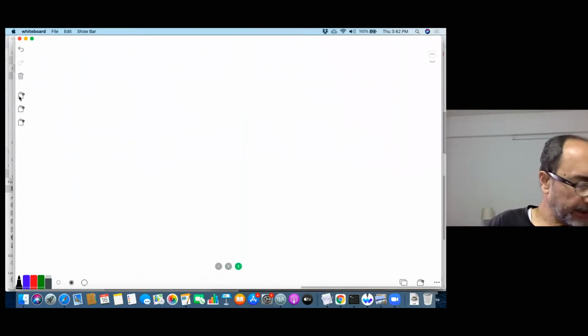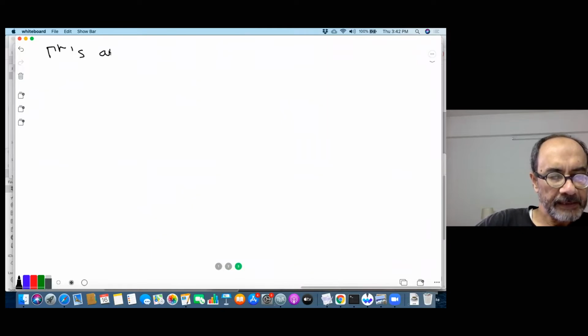Let me just say what the gamma mu's are. These gamma mu's are 16 by 16 gamma matrices, symmetric matrices.